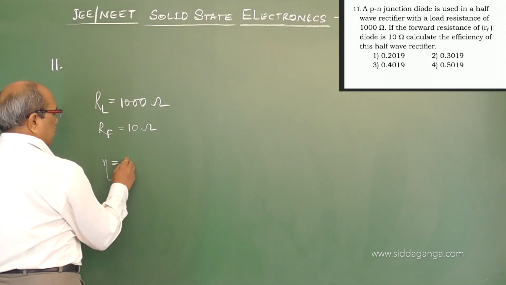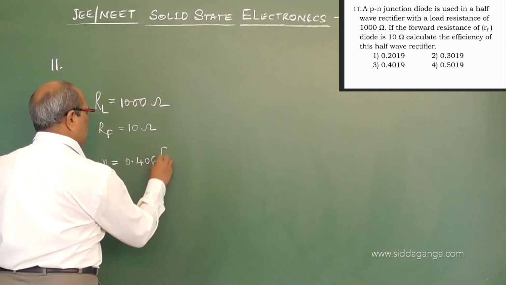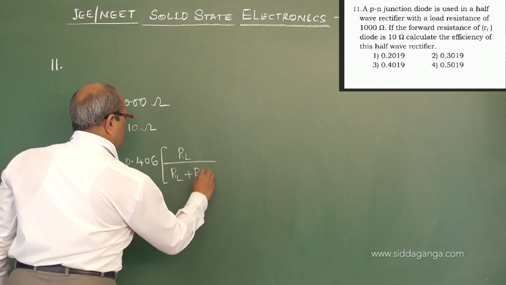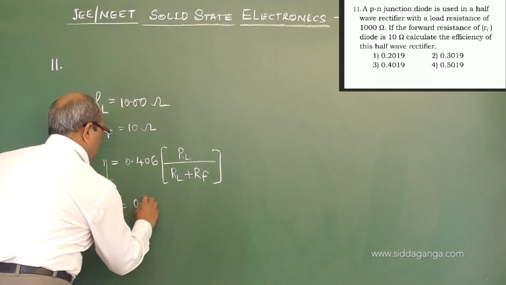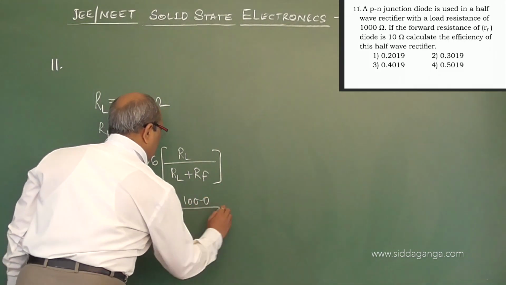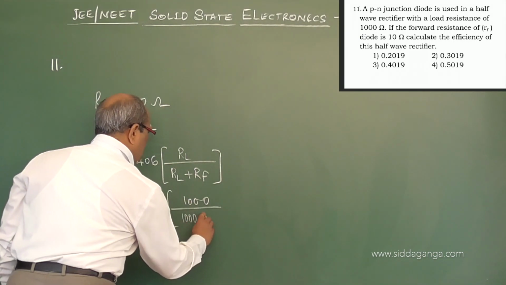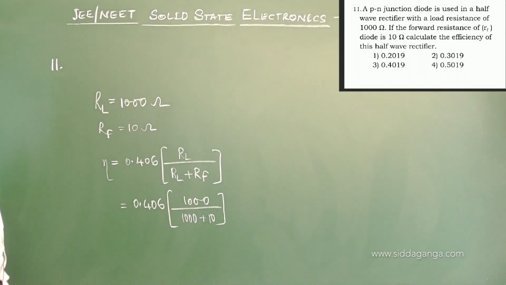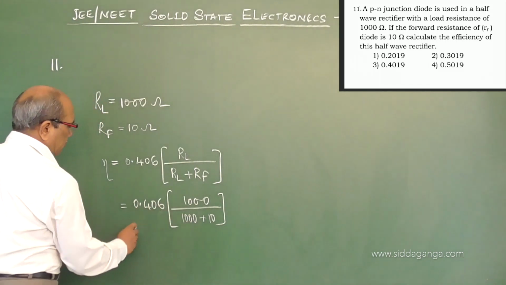For the efficiency of the half wave rectifier, we are given one equation: 0.406 into RL divided by RL plus RF. So if I multiply 0.406 into 1000 divided by RL plus RF, that is 1000 plus 10. 1000 by 1010 is a little bit lower, so it decreases a little bit.